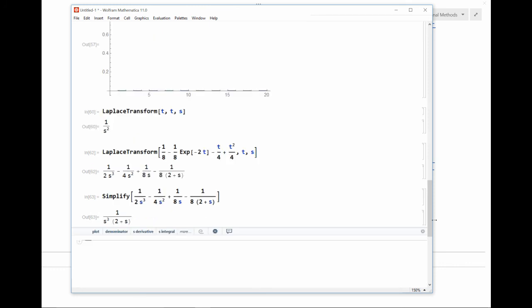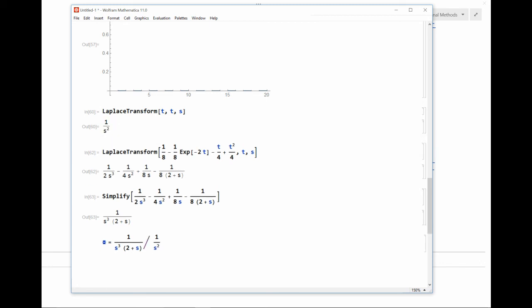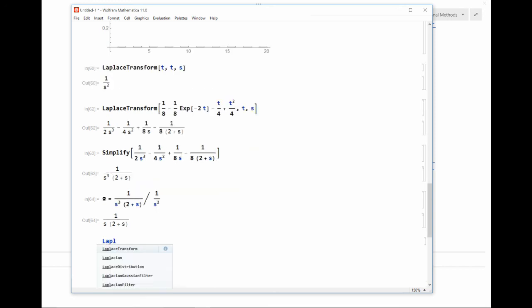So the system transfer function is going to be equal to the Laplace transform of the output divided by the Laplace transform of the input. Now let's compute the Laplace transform of the new input.